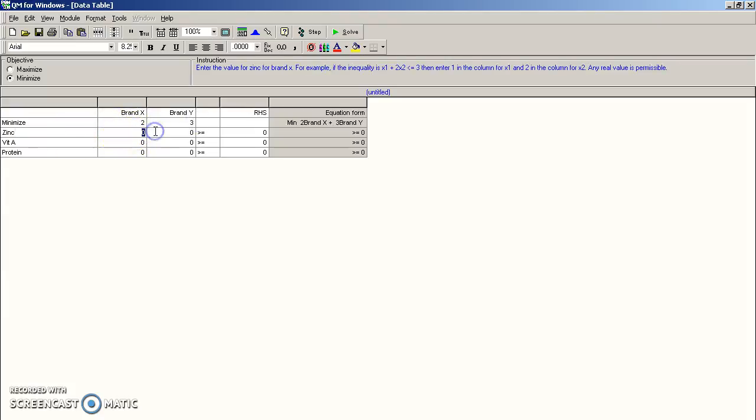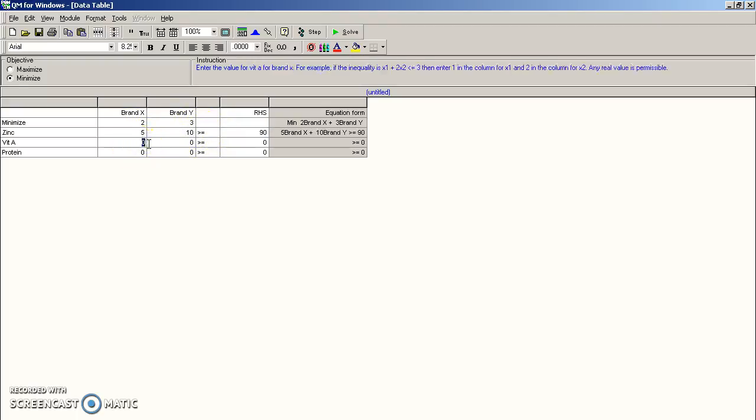Now with zinc, there are 5 units of zinc in every ounce of brand X, and there are 10 units in every ounce of brand Y, and the total daily requirements have to be 90 or more, so greater than 90.